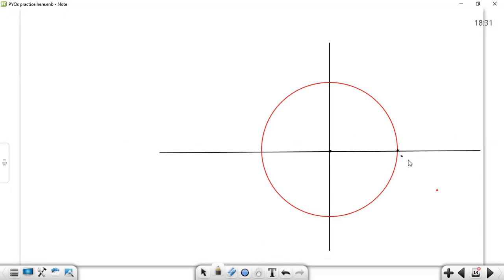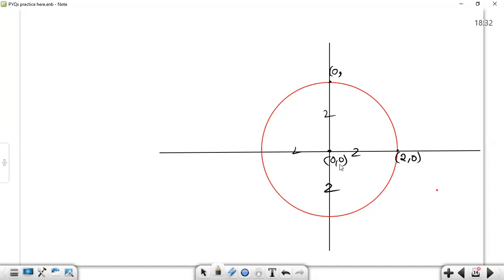So if this is 2, this coordinate will be (2, 0), because the y value on the x-axis is 0. Here the x value is 0 and the y value will be 2, because the center is at the origin, so this distance is also 2, this is also 2, this is also 2.